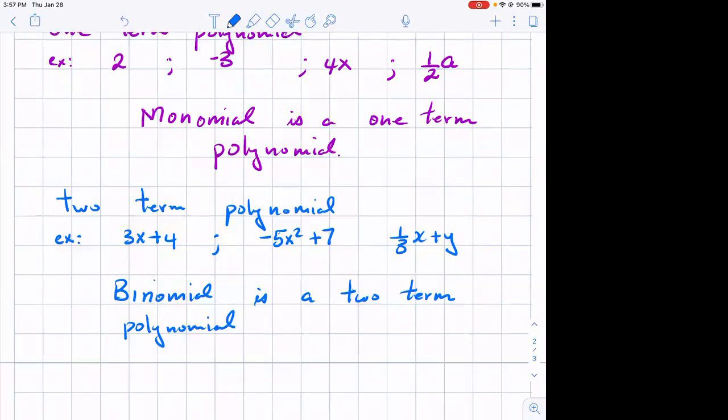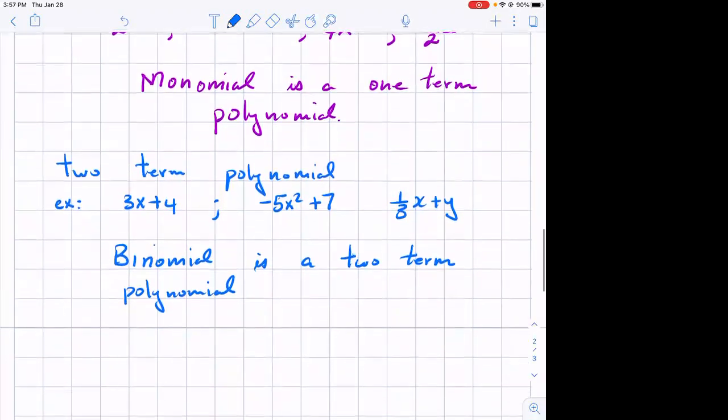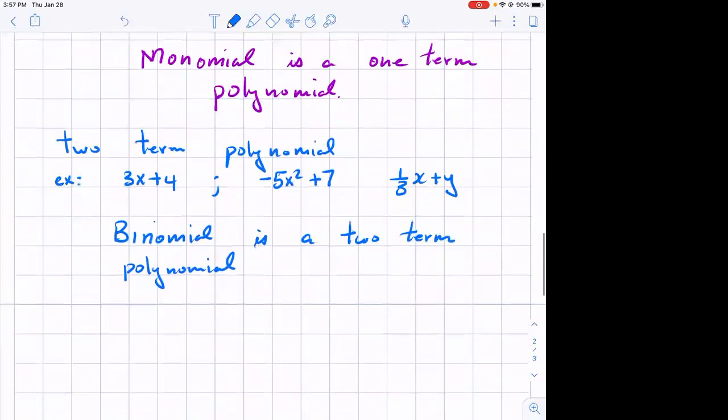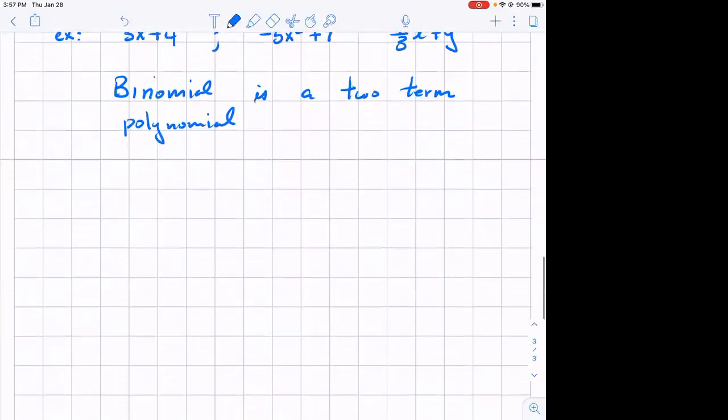Two-term polynomials are called binomial. And then we have three-term polynomials.